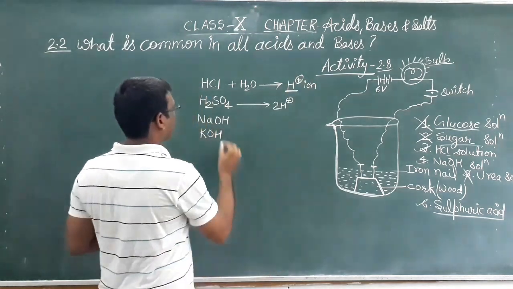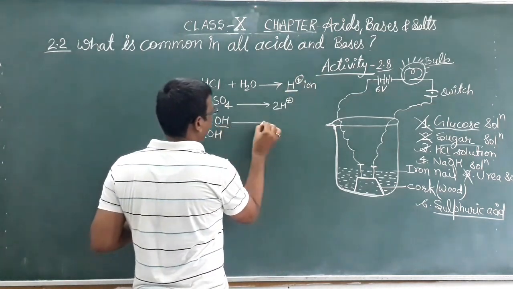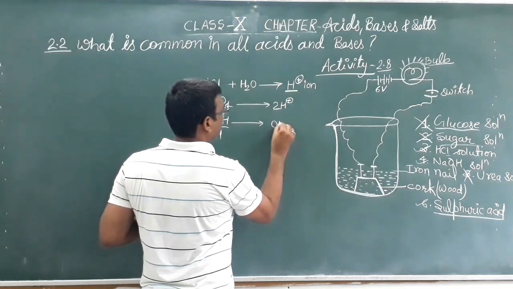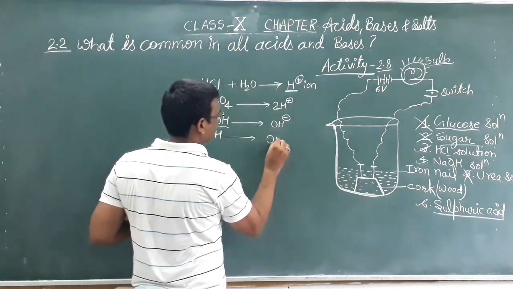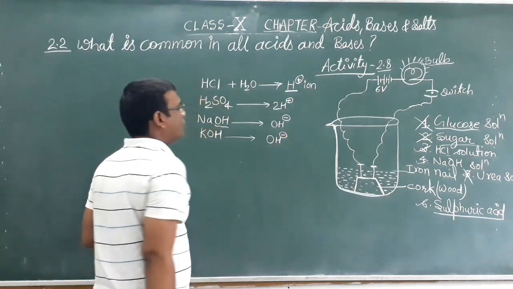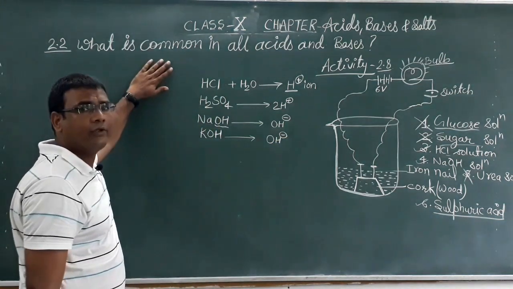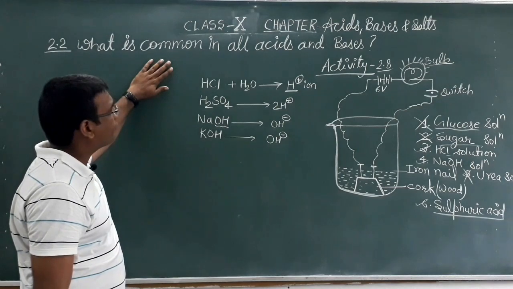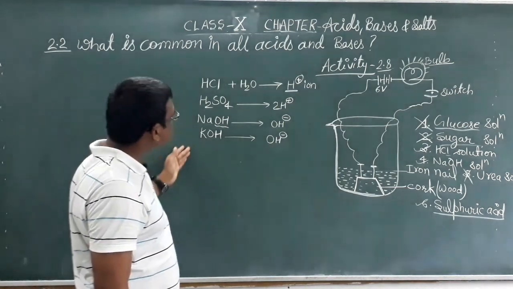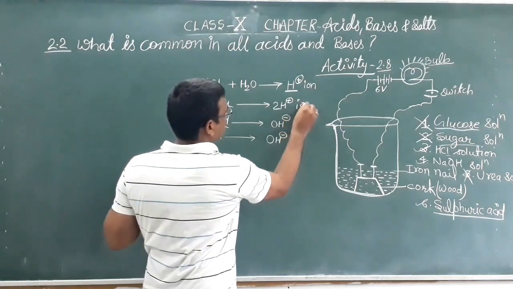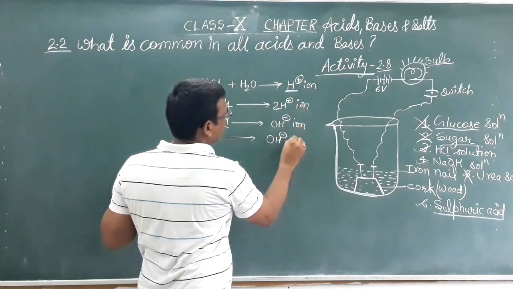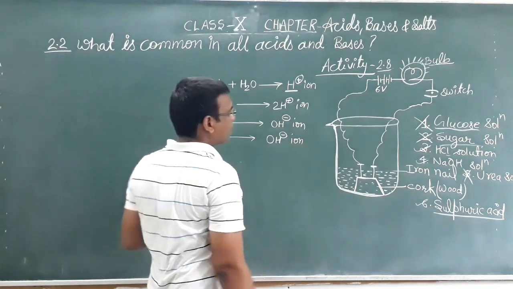Here it is not providing H plus, but in place of it, it is providing OH minus ion. In the same way, this is also providing OH minus ion. So in all these cases, they are producing ions.